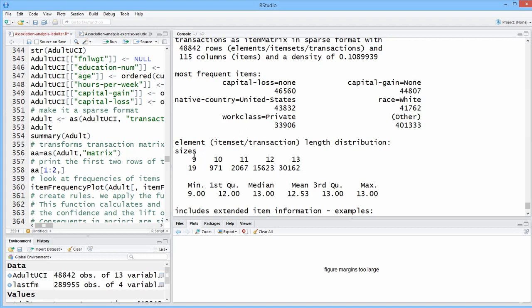So it can't use the NAs. So there are 9 records where along the row there are 6 NAs. And there are 971 records where along the row there are 10 NAs. And there are this many records where along the row there are 4 NAs, and so forth.